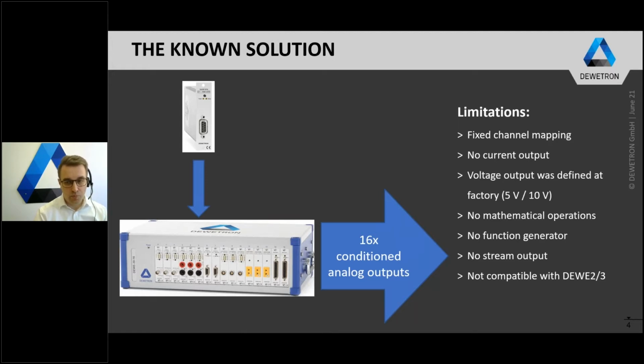Very important, no mathematical operations have been possible, so only monitoring of conditioned analog outputs, and no function generator and no stream output is possible. What these two things are, we are going to explain during this webinar and of course also show you in the live demonstration afterwards.